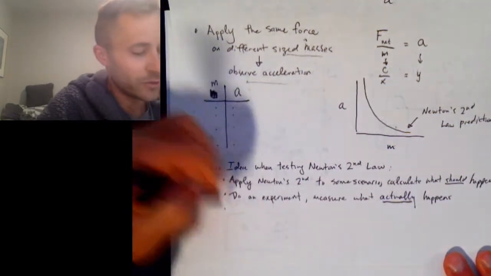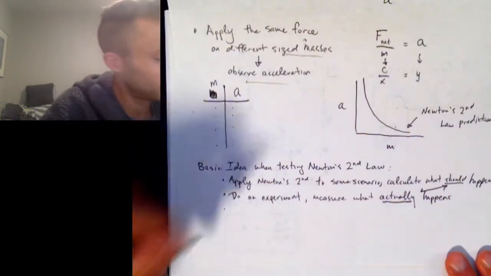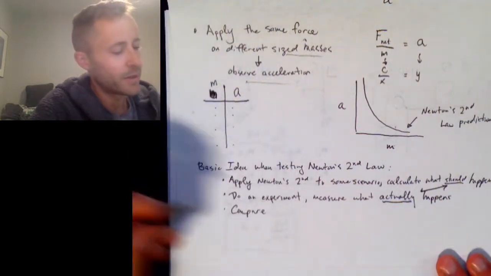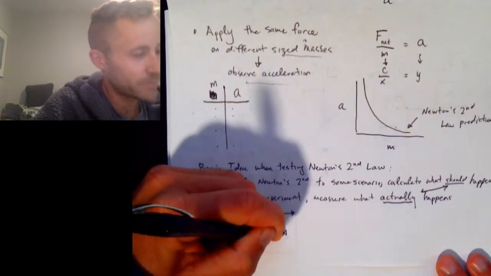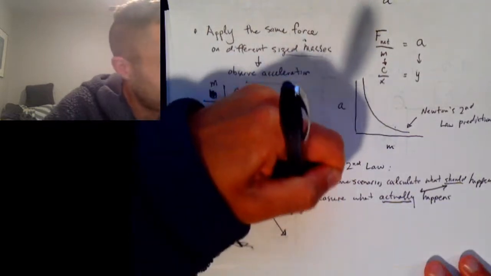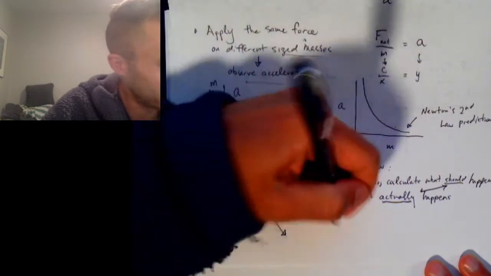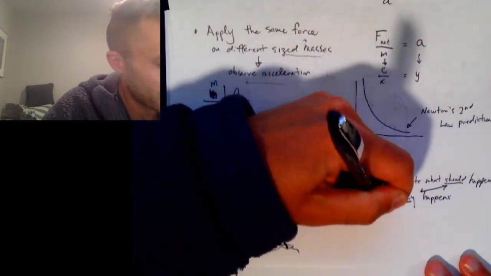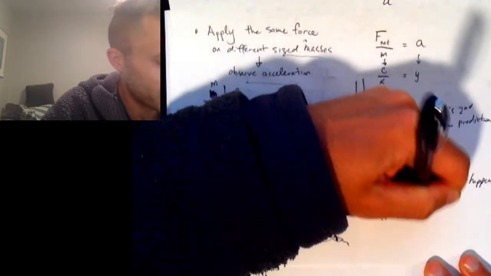Then what you do is you compare these two outcomes. And they might match or they might not match. All right? So if they match, then that is evidence in support of Newton's second law.